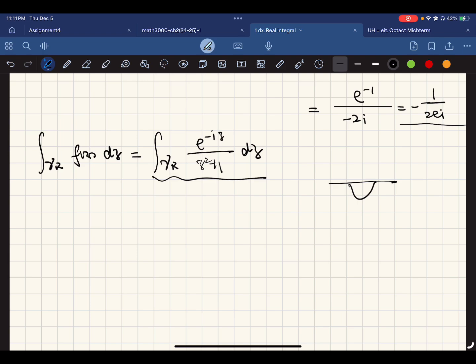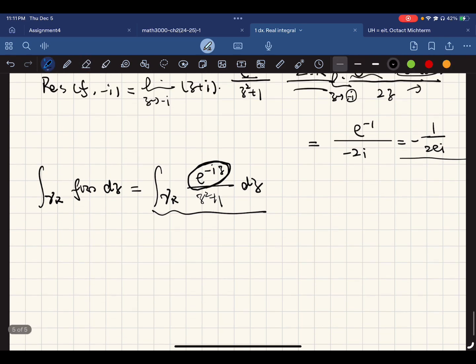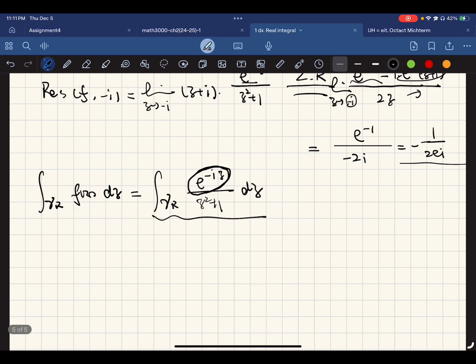As we see, let's first observe the numerator, e to the power negative iz. Okay, I use an inequality first. We take the absolute value of it, right?